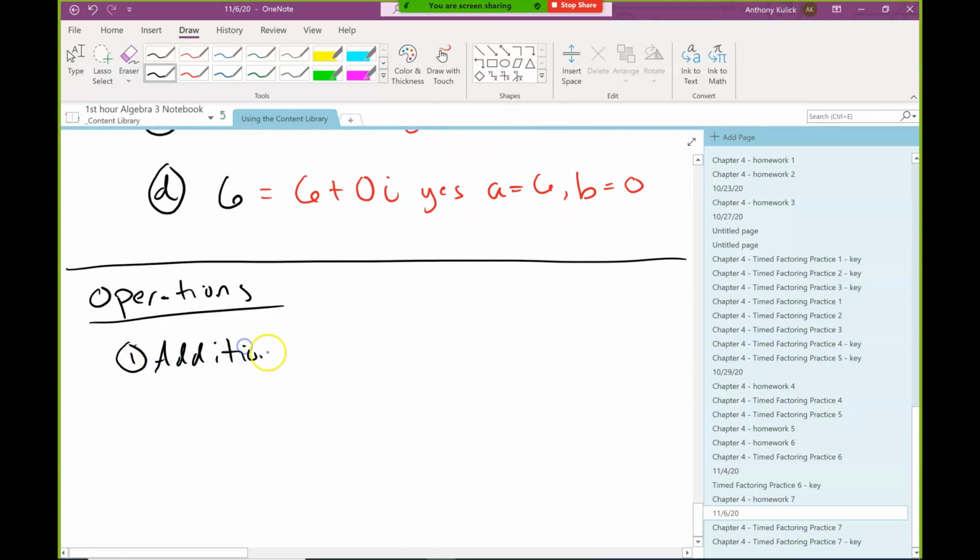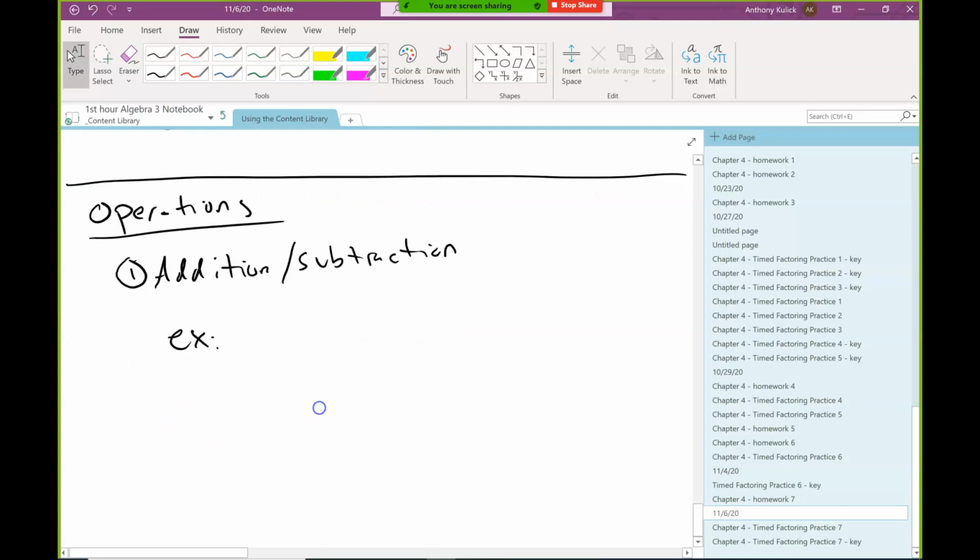So we'll do addition and subtraction first. And we'll just do some examples here because this is pretty easy to see what's going on.